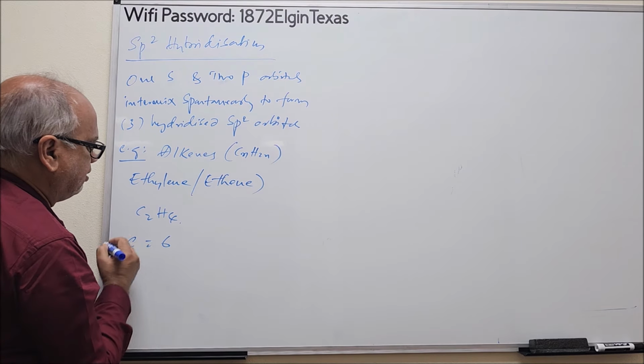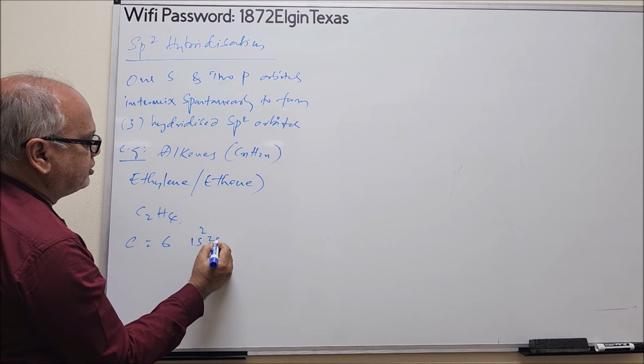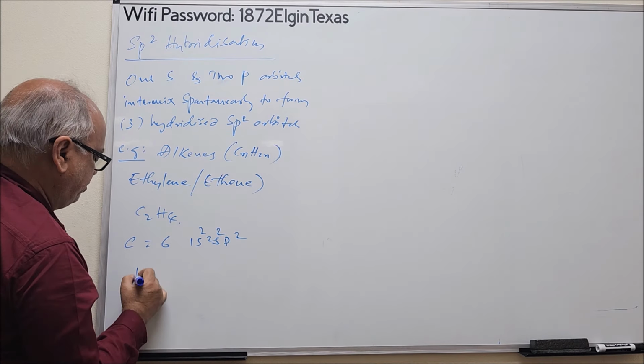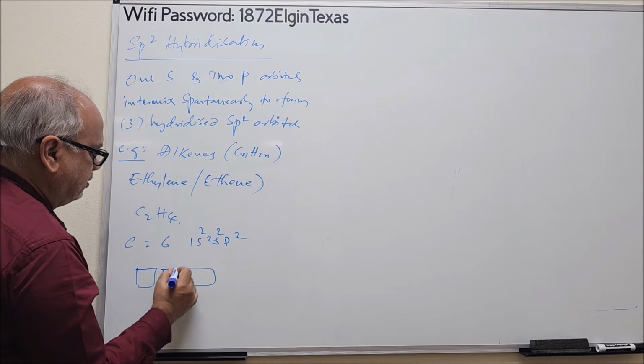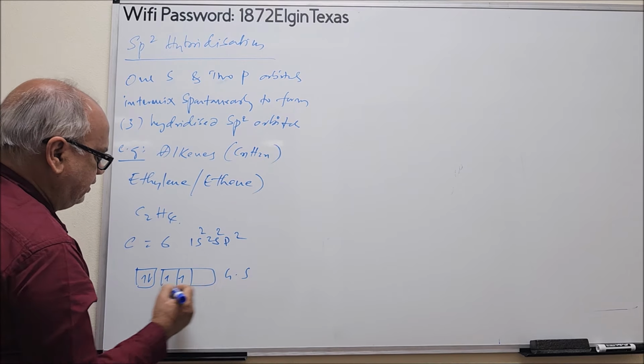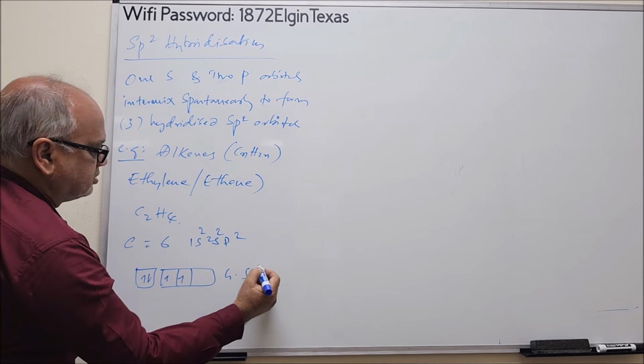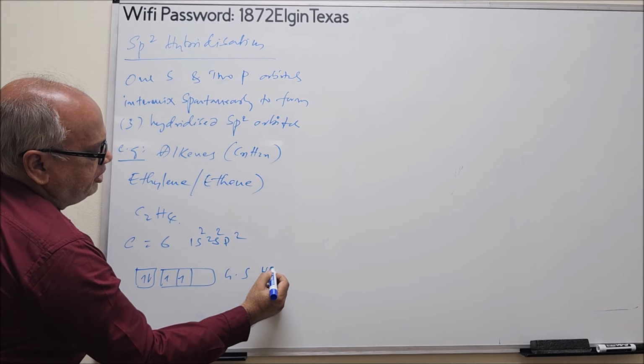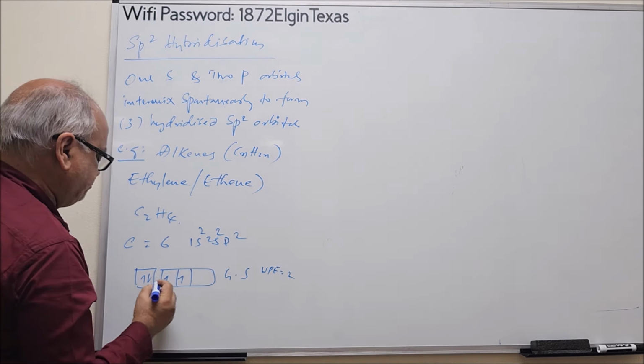This is carbon, atomic number 6, 1s2, 2s2, 2p2. In the ground state configuration, by the box method, it has only two unpaired electrons, UPE is 2.